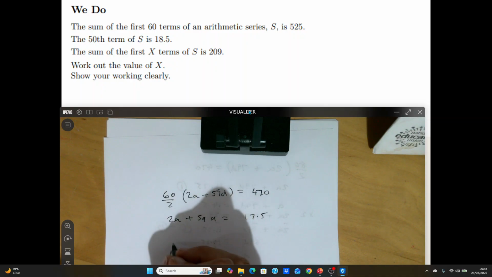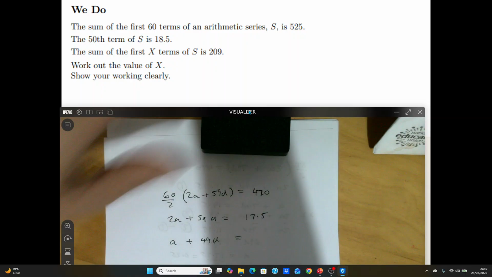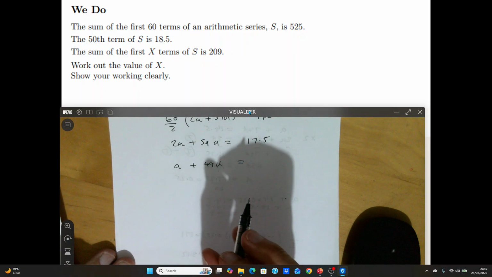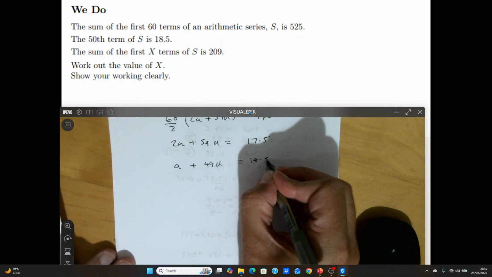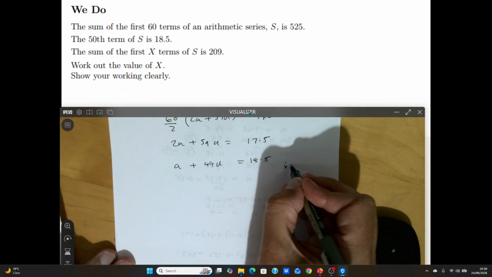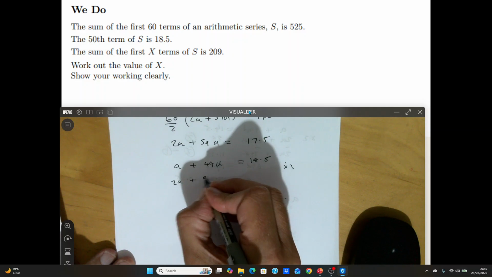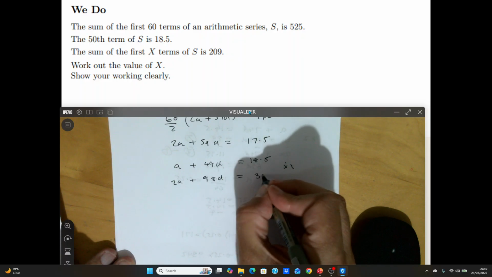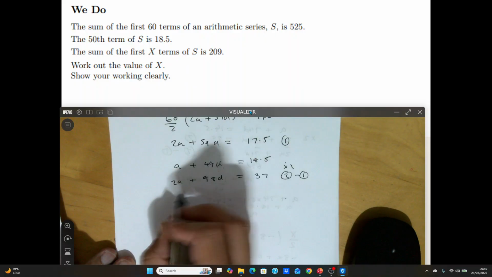Then I've got the other one, which is a plus 49d, using the 50 terms, equals 18.5. Obviously, I'm going to want to times this one by 2, so I'm going to have 2a plus 98d equals 37. This is going to be 2, this is going to be 1, and I'm going to do 2 take 1.